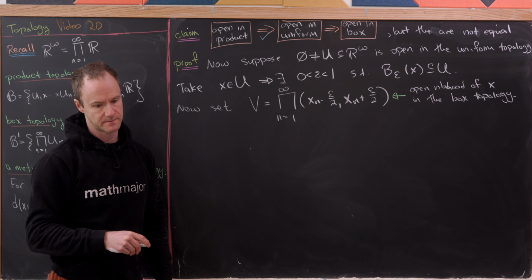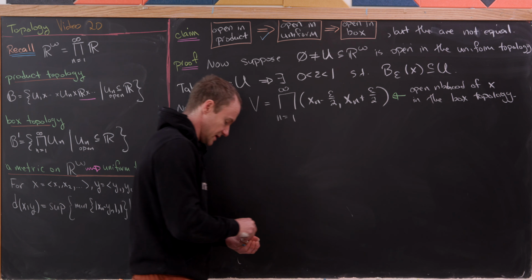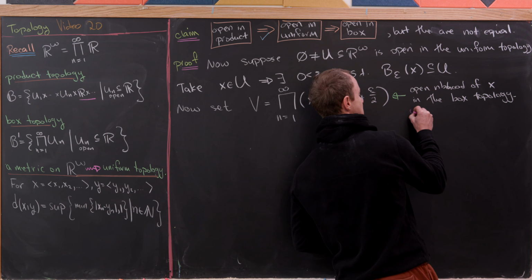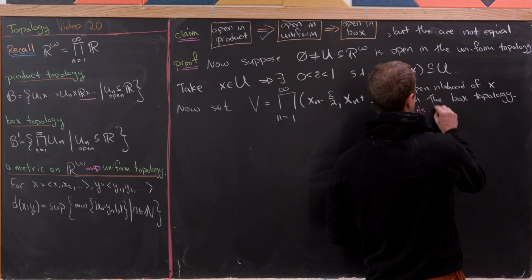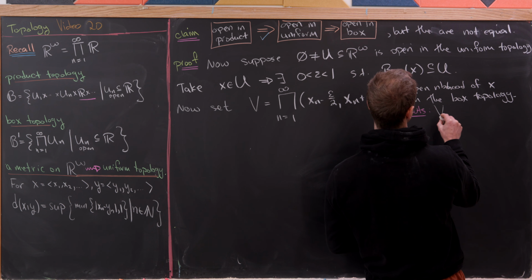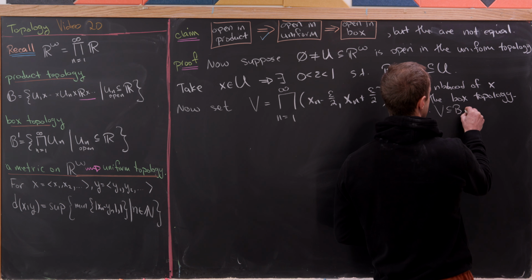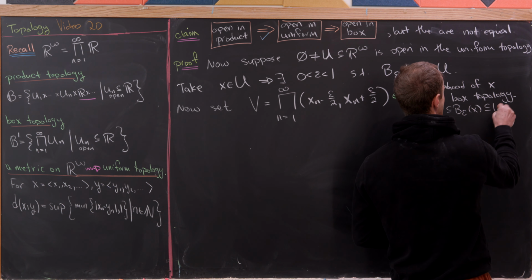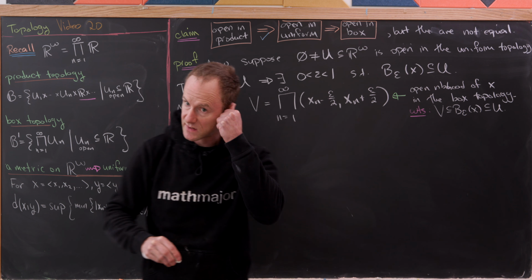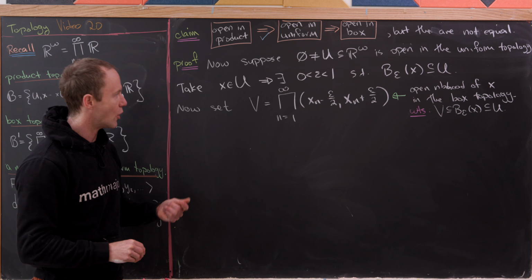Okay, great. Now to finish this off, what we'll want to show is that V is contained inside of this ball of radius epsilon centered at x, which is contained inside of U. And that will have done it. Because how do you show that something is open?